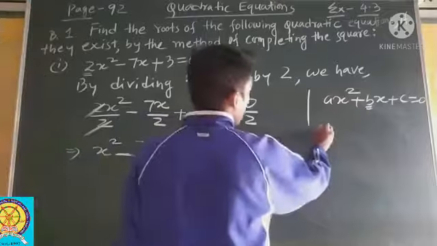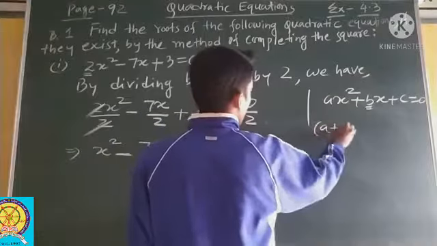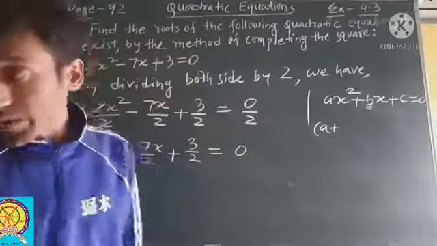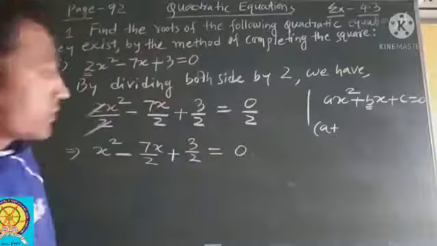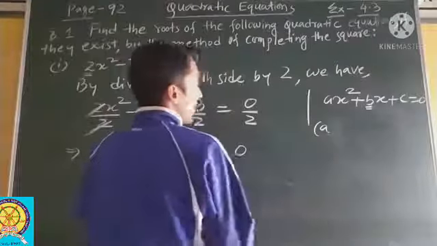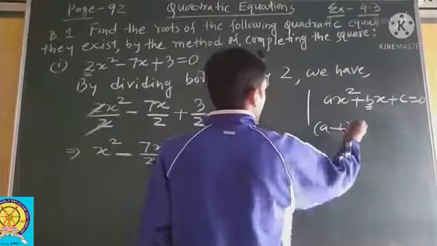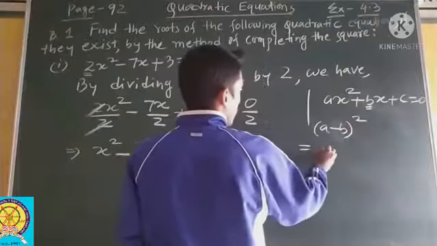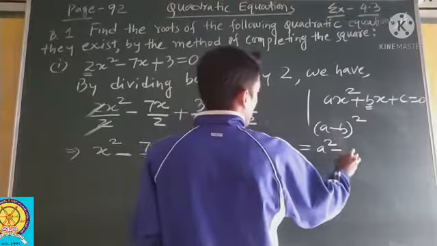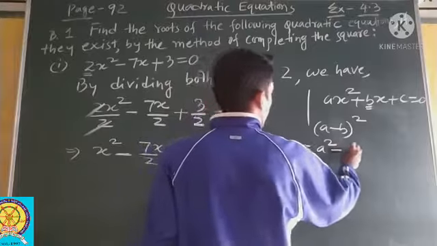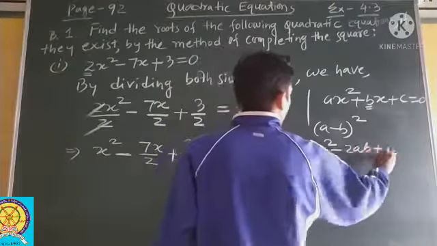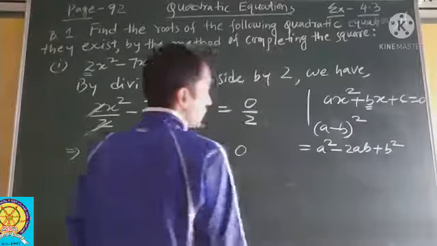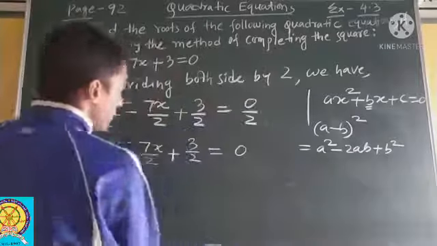So here we will use one identity we have got in the lower class: a minus b whole square is what? a squared minus 2ab plus b squared. So that identity we will use here.